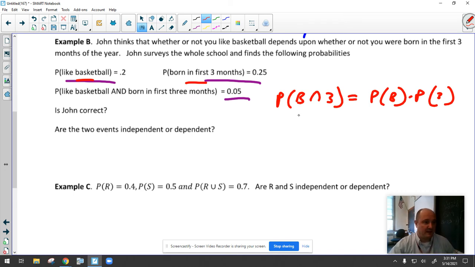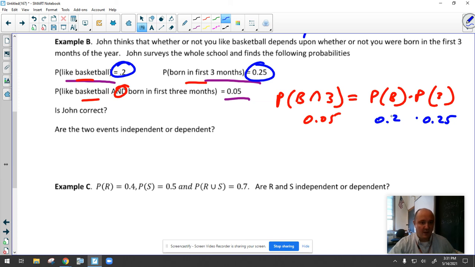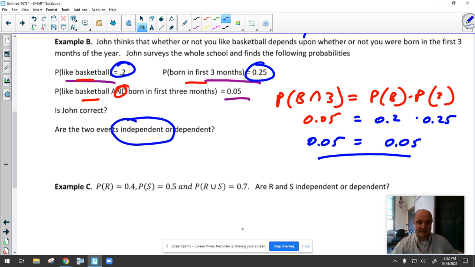Well, the and probability is 0.05. The probability they like basketball is 0.2. This probability is 0.25. When I do the math over here on the right side, I find that this times this, in fact, is 0.05. These things are equal, and if they're equal, they're independent.